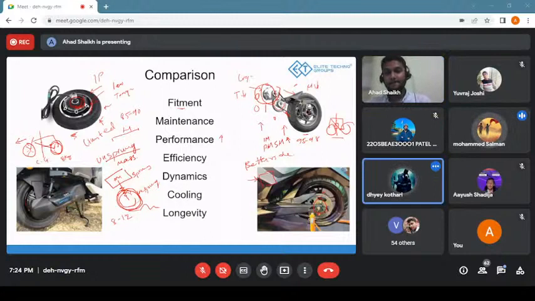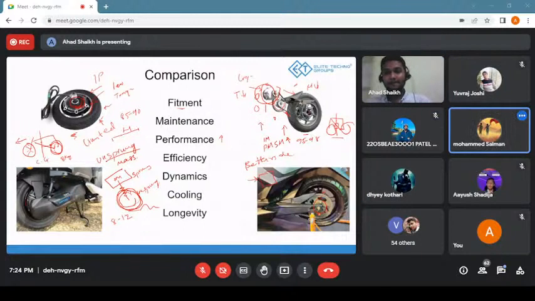Once again, could you please repeat the question, sir? So I wanted to know what all things you can use to judge this, or what parameters you can set to judge these different mechanisms, because these are the things that I could find and list down. But is there any parameter by which we can compare these sort of things?